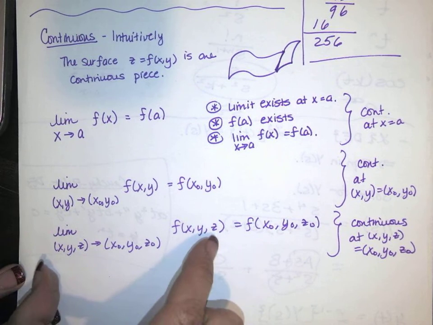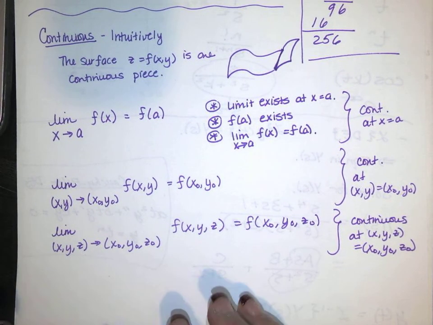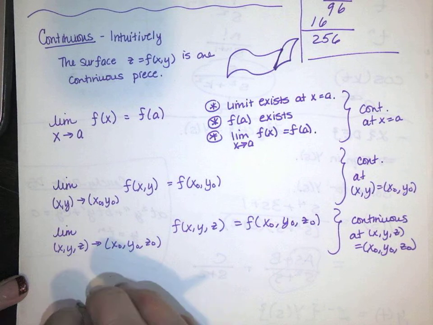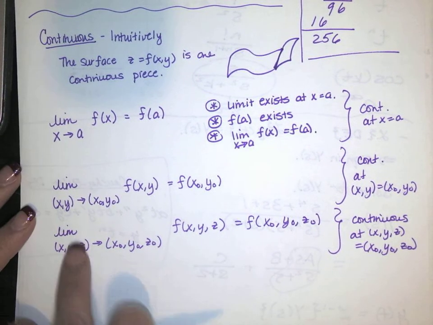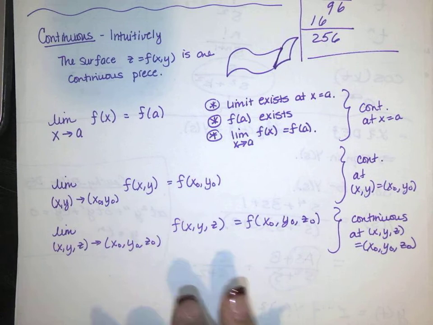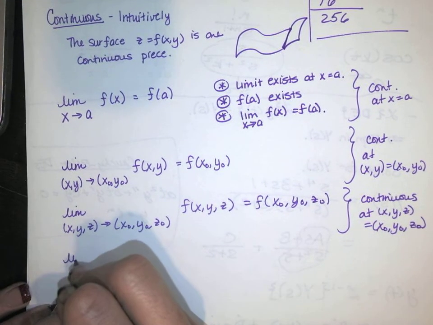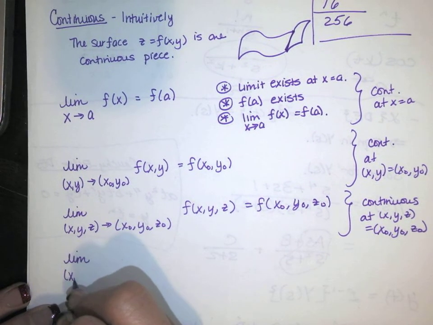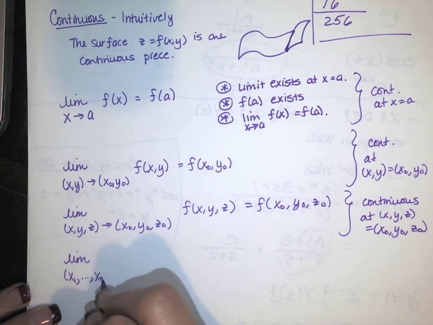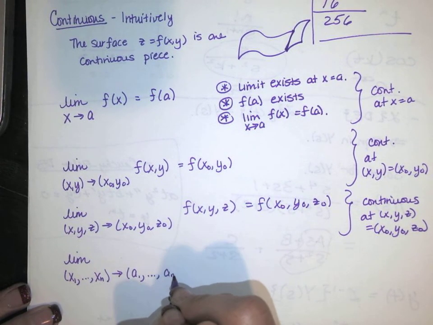Now, if these limits and function values are the same for all (x, y, z) in a certain region in 2 dimensions, or in a certain spatial region in 3 dimensions, then we say that the function is continuous over that region. The n-dimensional analog of this is, let's say you've got x1 through xn, and it's approaching a sub 1 through a sub n.